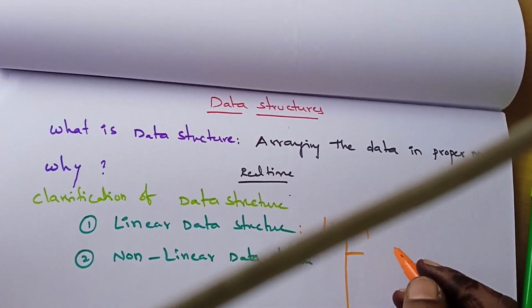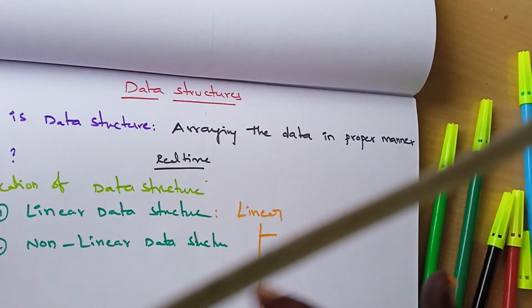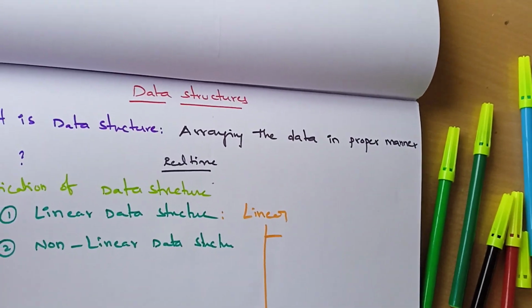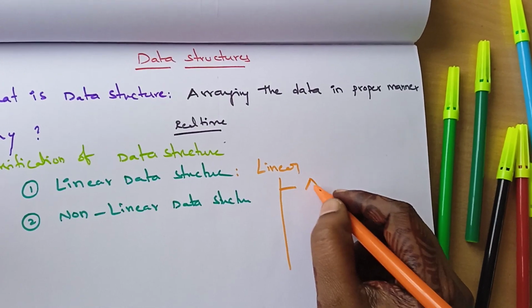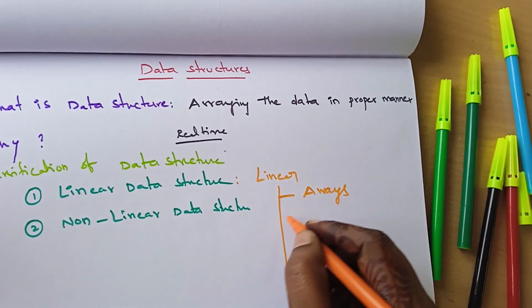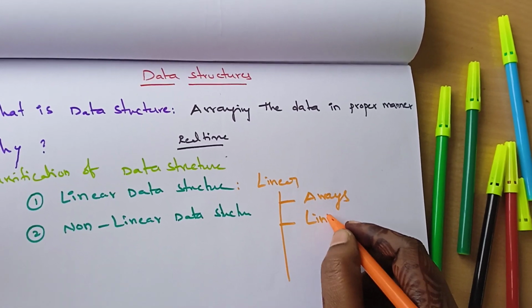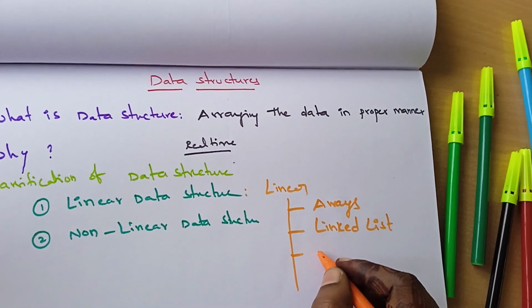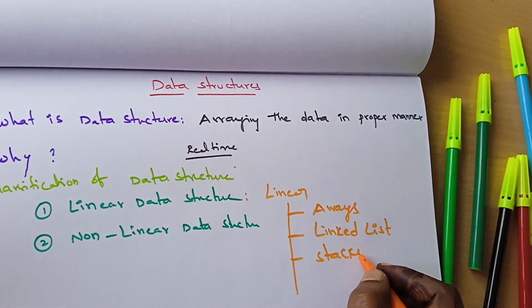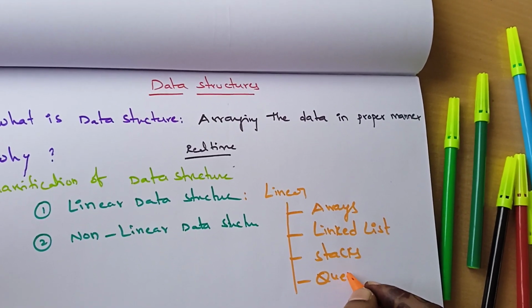And the examples are arrays, linked list, stacks, and queues.